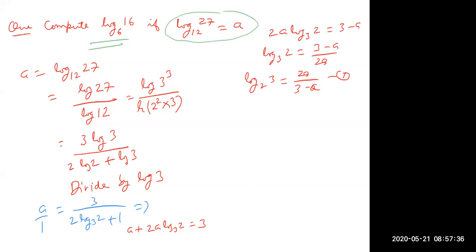Now I will write log 6 16. This is log 6 of 2 raised to power 4. So this is 4 log 2 upon log 6. 6 is 2 into 3.